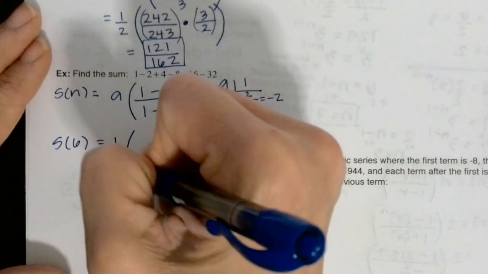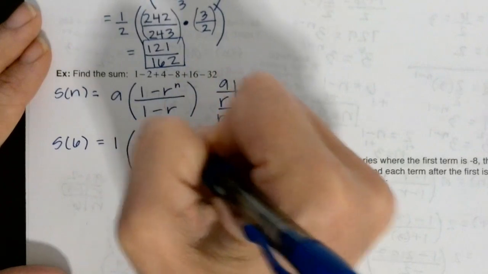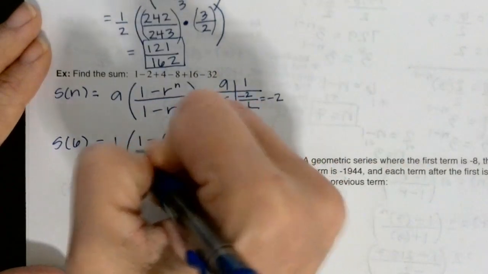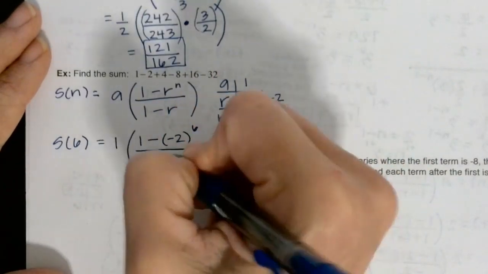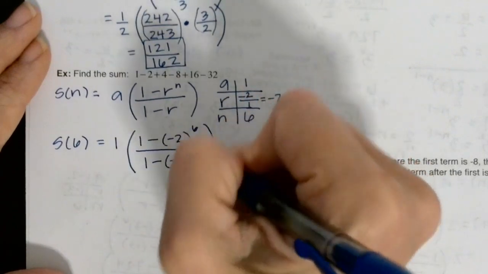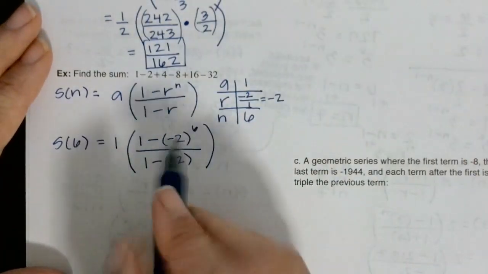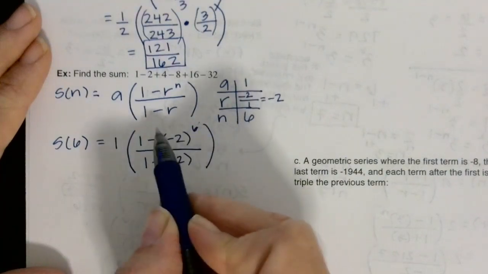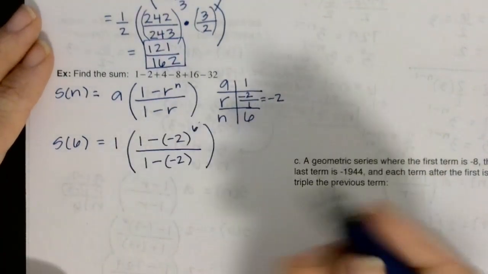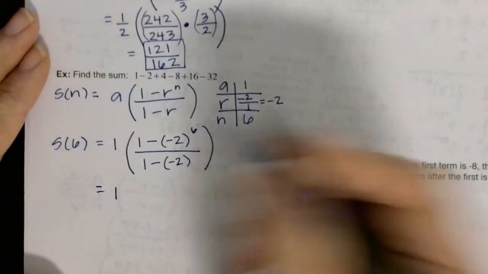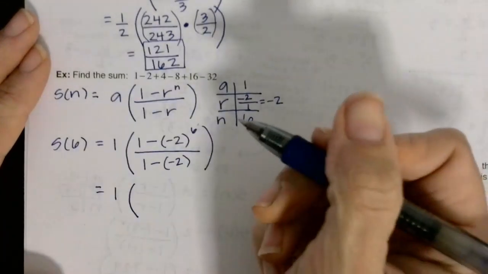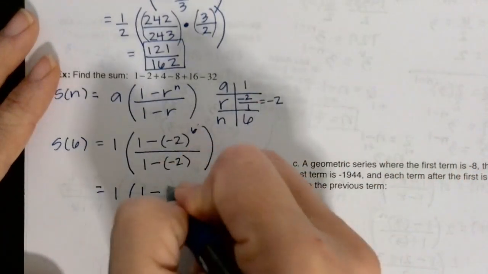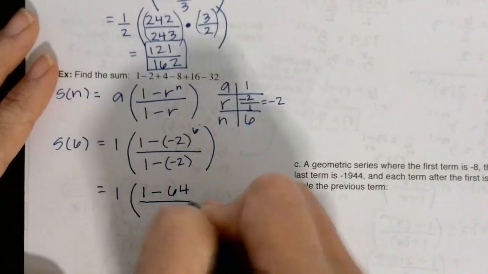The first term is 1, 1 minus negative 2 to the 6th. Make sure you put that negative 2 in parentheses. And just to be really clear, this does not become positive. Order of operations says you have to take care of the exponent before you subtract, so don't do that right away. Okay, let's go into our calculator. Negative 2 to the 6th power is 64, and it's positive 64.